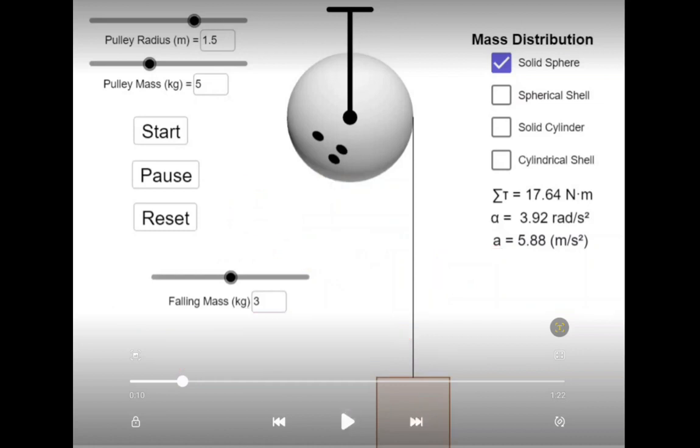Now let's move on and modify the pulley type and make it a spherical shell.